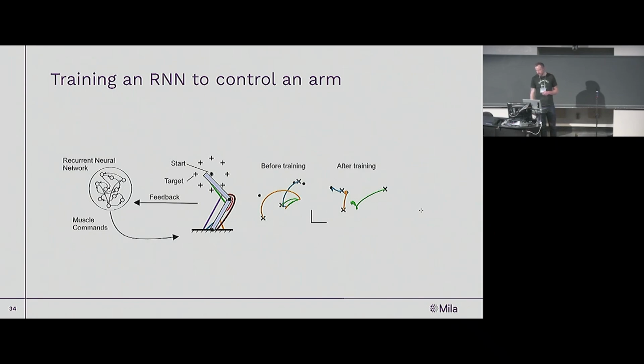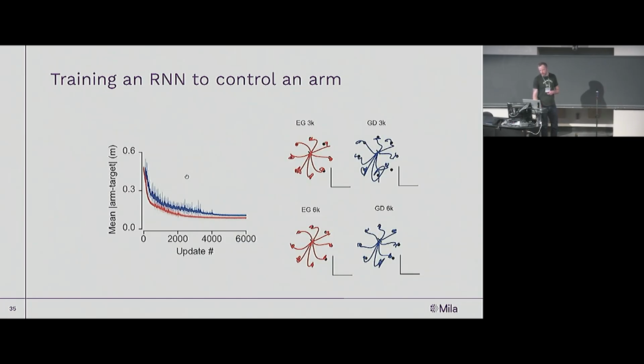And what we find is that the networks can learn this. You can see before training and after training, now the networks are able to go from the start to the target. But interestingly, exponentiated gradients is better at this task than gradient descent, both in terms of the speed with which it can learn and the final accuracy that it achieves. Here you're looking at the best seed for both algorithms after 3,000 updates or 6,000 updates, and you can see that the reaches produced by exponentiated gradients are ultimately smoother and more accurate than the GD reaches.